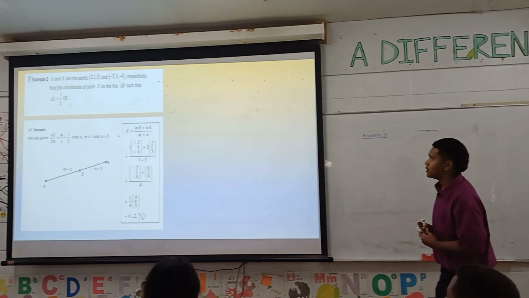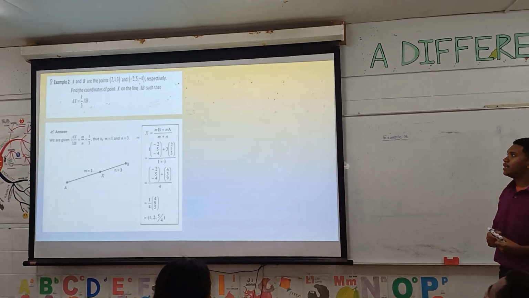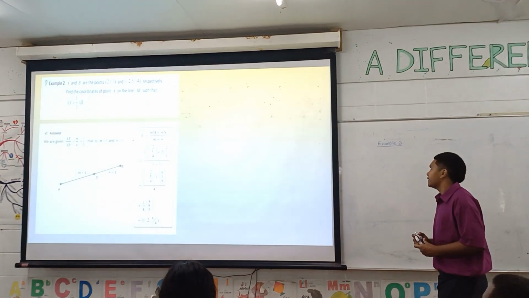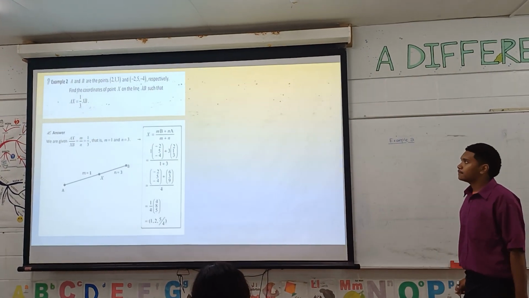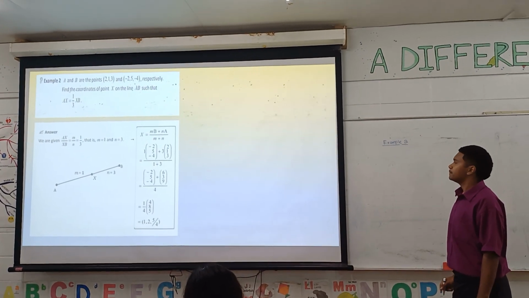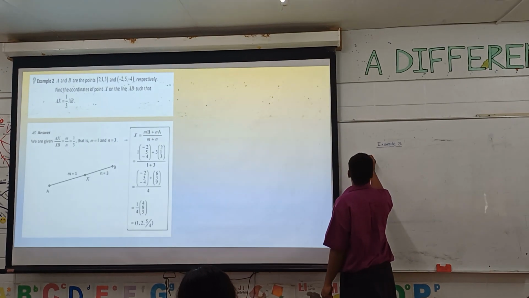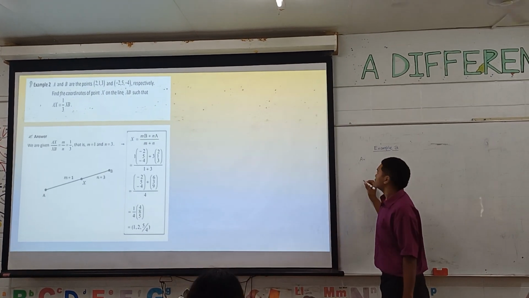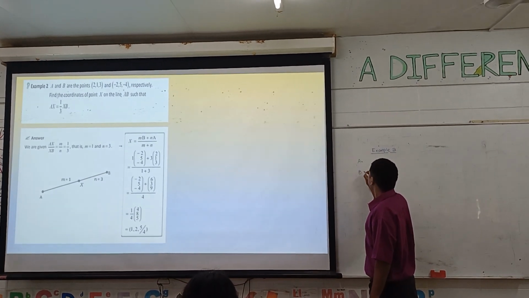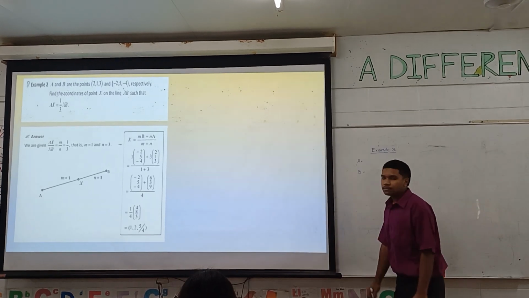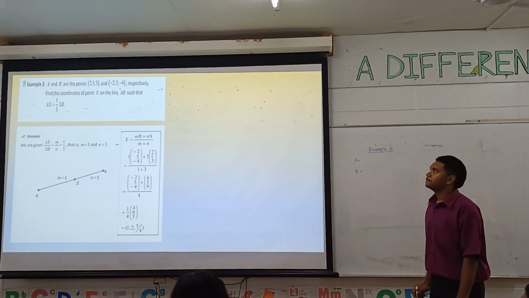Mary, can you please read the question, and Erin, can you please identify the information that is given? Okay. A and B are the points (2, 1, 3) and (-2, 5, -4), respectively.